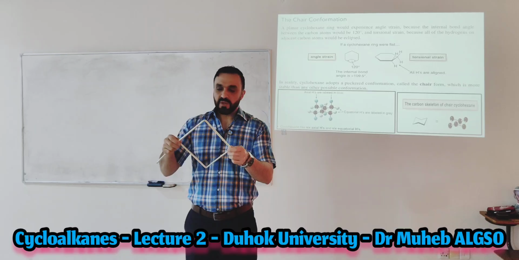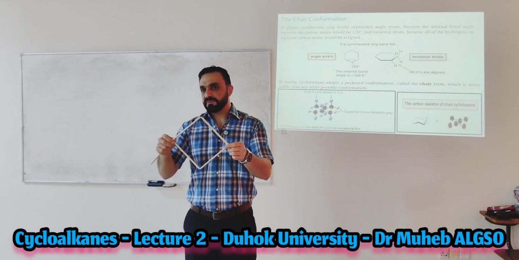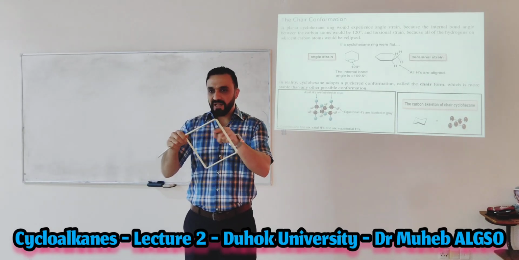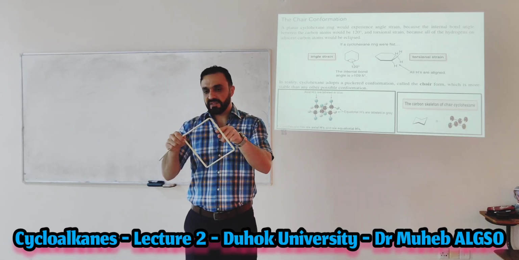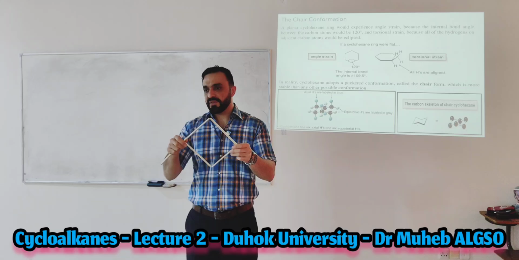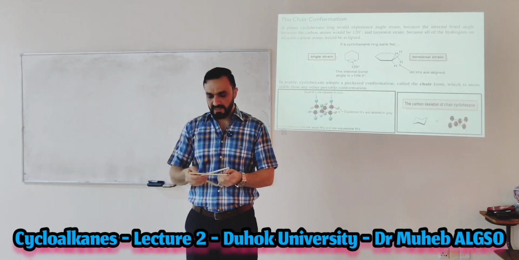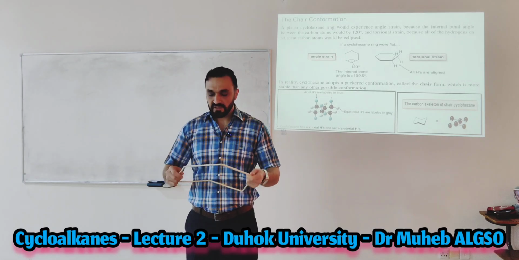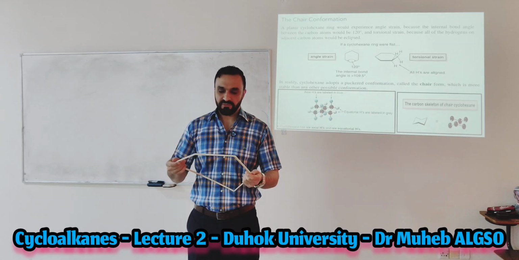But which is more stable, the cyclobutane or cyclopropane? Cyclobutane. Why? Because the angle value here is 90, and 90 is near 109. But for the cyclopropane, the angle is so far from the real value, 109.5.